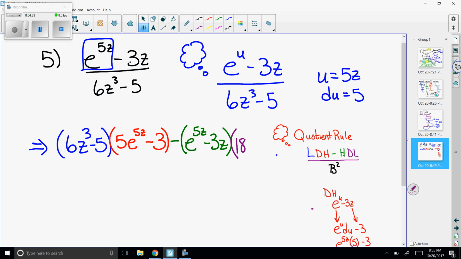So you bring down the 3, take it times the 6, you're going to get 18z squared, and then minus 5, the derivative of 5 is 0 again. So that's where we're at for the numerator part, and that is all over the square of what's below, which is 6z cubed minus 5.